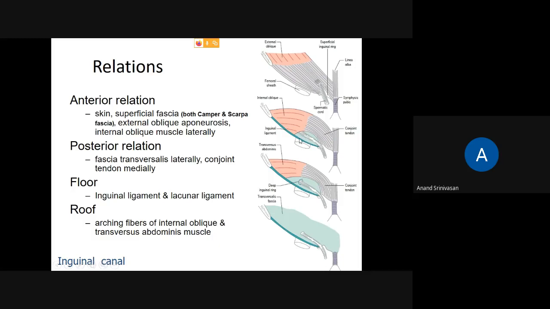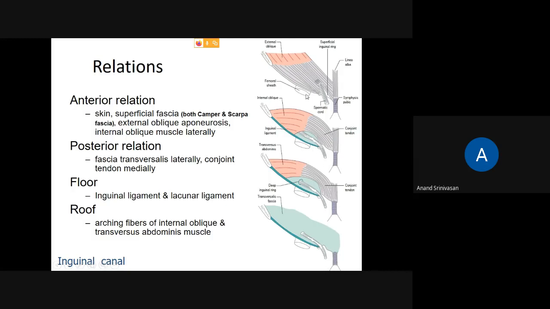Now the floor of the inguinal canal is formed by the inguinal ligament and the lacunar ligament.